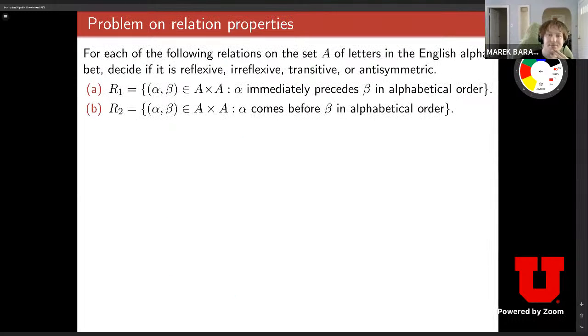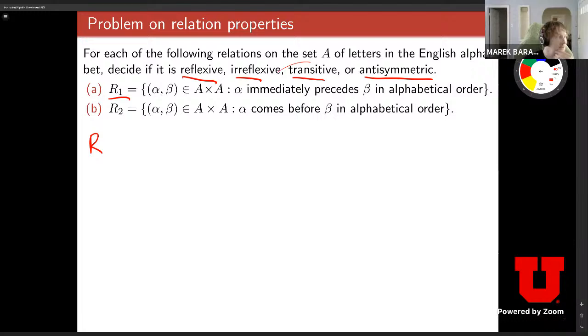So for this one, we have 2 relations where we have A, which is the set of English letters in the alphabet. And then we're going to decide if it's reflexive, irreflexive, transitive, or antisymmetric. So let's begin with reflexive on relation 1.